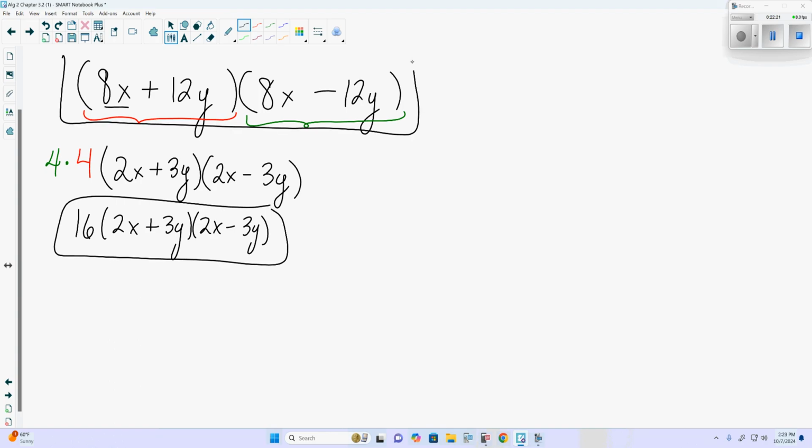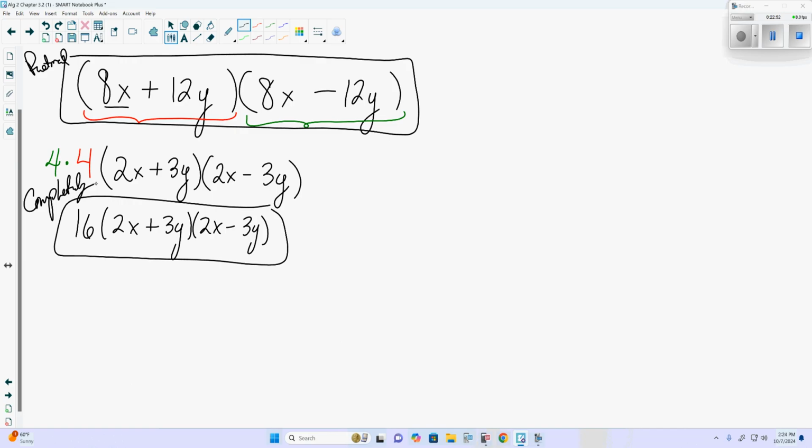So this here is factored. That's completely factored. So 8x plus 12y times 8x minus 12y is factored. But if they're asking for it to be factored completely, we needed a 16 times 2x plus 3y times 2x minus 3y. Can we kind of see the difference between those two?